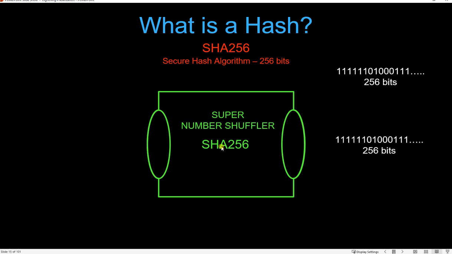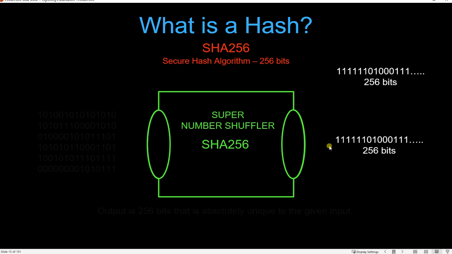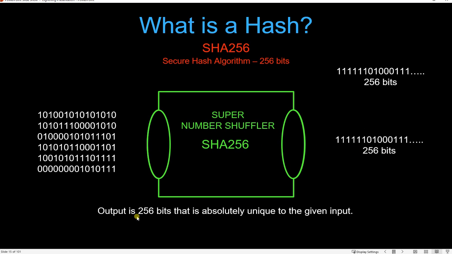This is highly sophisticated, and it's more like taking a deck of cards, cutting it up a certain way, and following very strict steps to move the cards around, and to do something so fancy with the cards that you always get something super random as far as the ordering, but it's always going to be the same unique ordering. So the output is 256 bits that is absolutely unique to the given input.